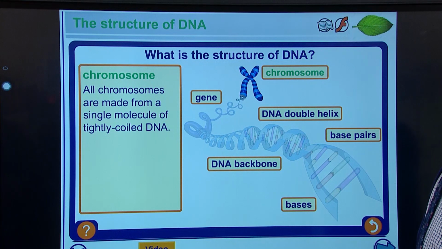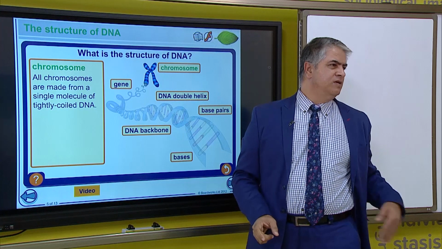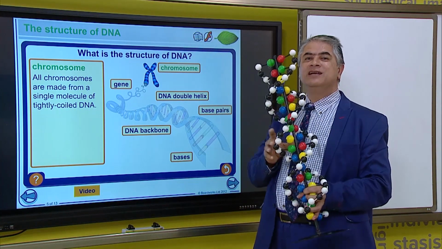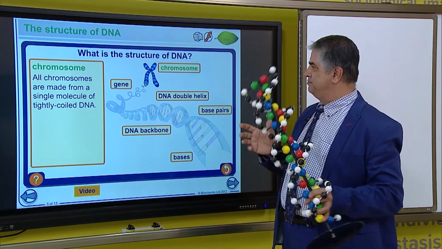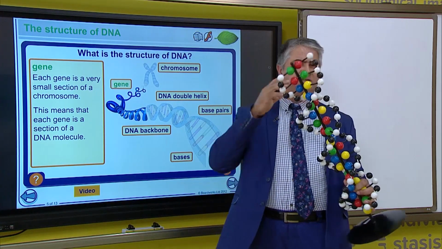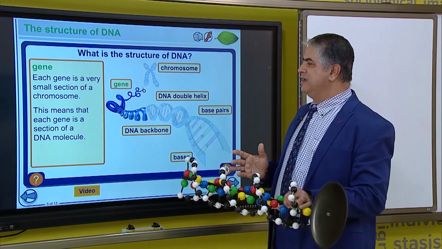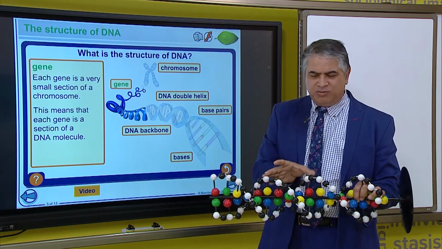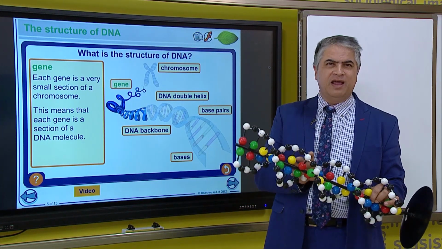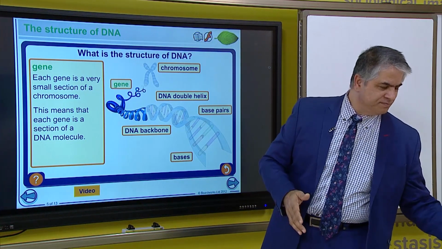The chromosome is made up of a single molecule of DNA. Now, a gene is a small section of the DNA molecule. This small section is called a gene, and this gene has the code for the protein that is required.